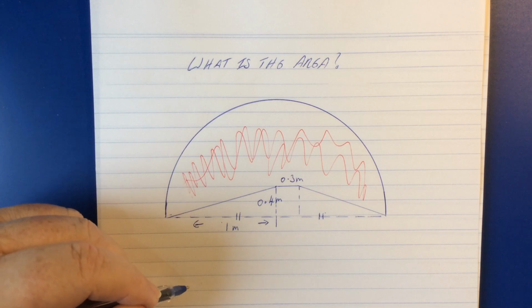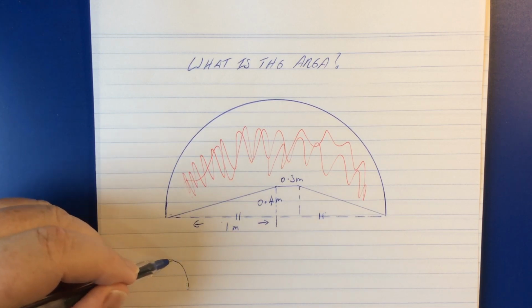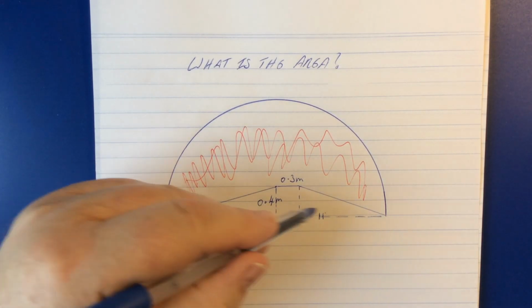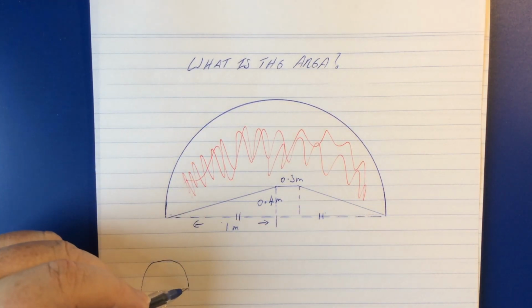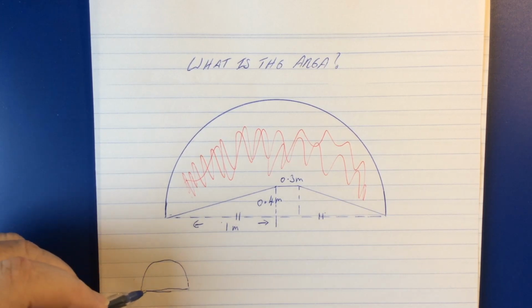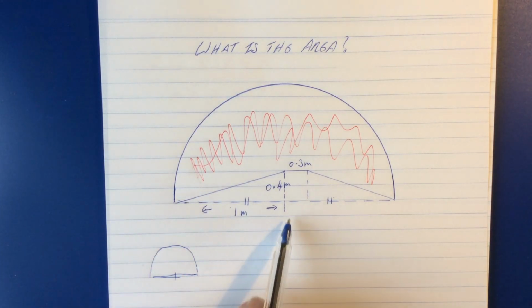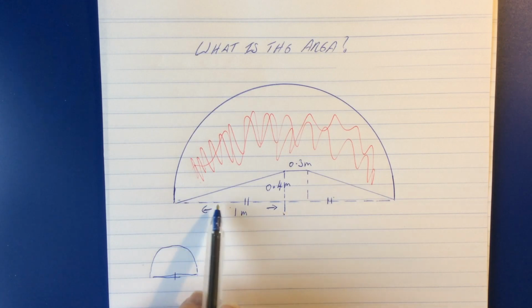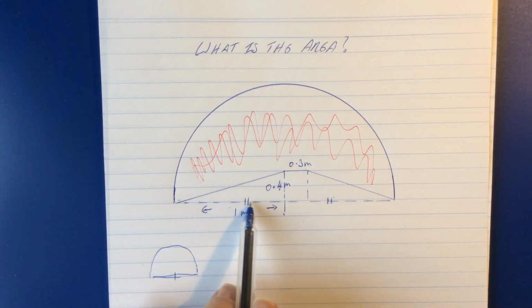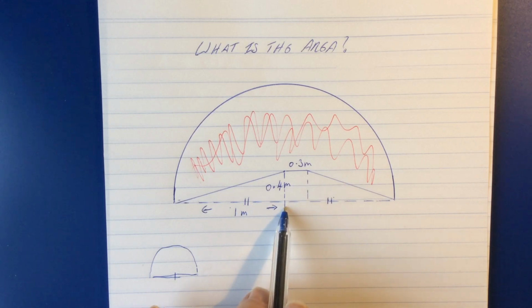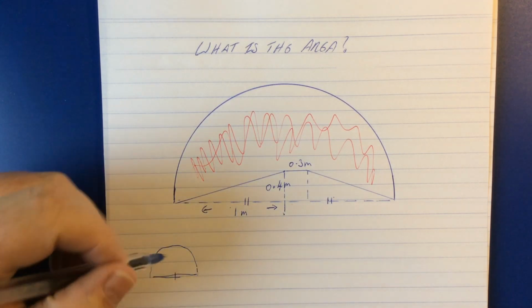So if I just make a small artist's impression of what it was before all of these little bits were taken off it, this is badly drawn, but it's a semicircle with a radius of 1 meter. Now we know that this is a radius of 1 meter because this line here and this line here are of equal length. So this is the middle and this measurement is 1 meter.